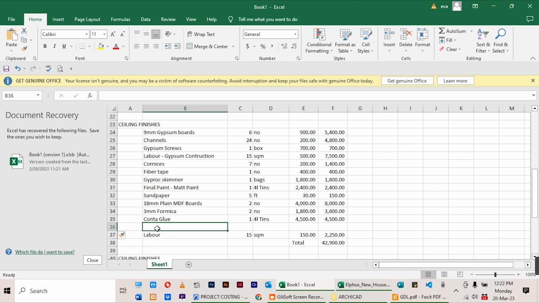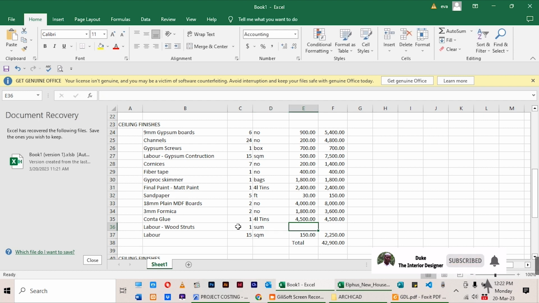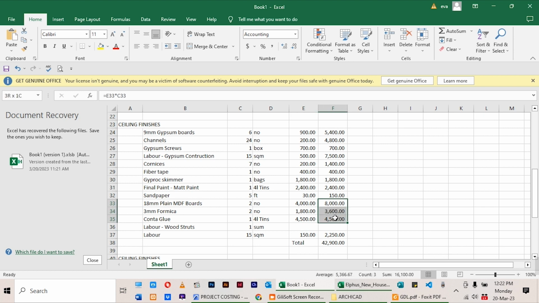And then you need labor for these wood struts. Wood struts, 1 sum. Here you charge per sum. So what I would normally do is give a percentage of the total cost of the items. The total cost of the items is 16,100. Give about that 5%.